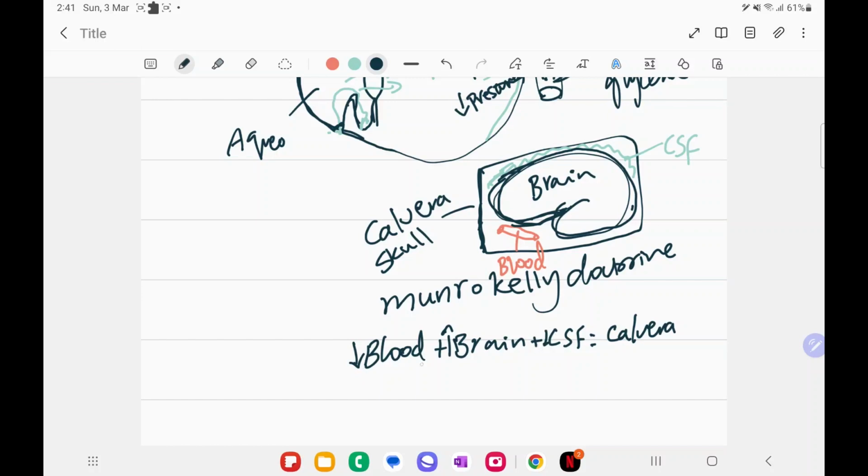So if one increases, it does so at the expense of the others, and this is called Monro-Kelly doctrine. So your brain starts to swell for whatever reason, or let's say you rupture a vessel in the brain, and there's a lot of blood oozing out into the box. Now what's going to happen is it's going to press on the brain and the CSF, and the brain might herniate down the spinal cord through the foramen magnum.